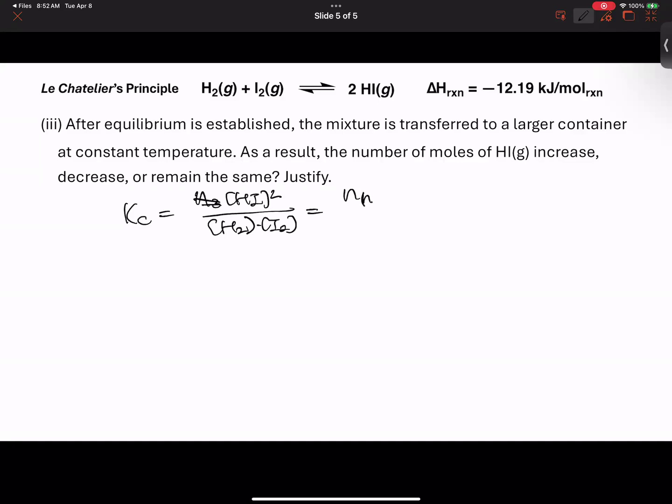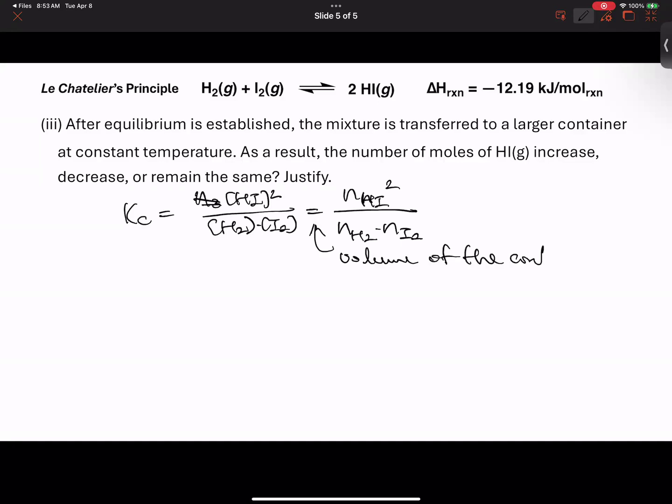It is the mole number squared divided by the mole number of hydrogen gas and the mole number of iodine gas. Volume disappeared.